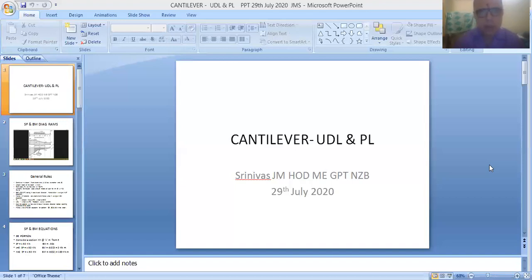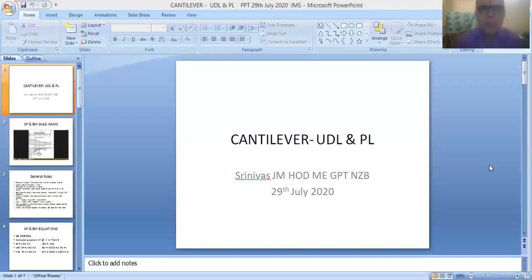Generally, different loads will be acting at different portions or points in the beam, and basically these loads are classified into two categories, namely point loads and uniformly distributed loads.